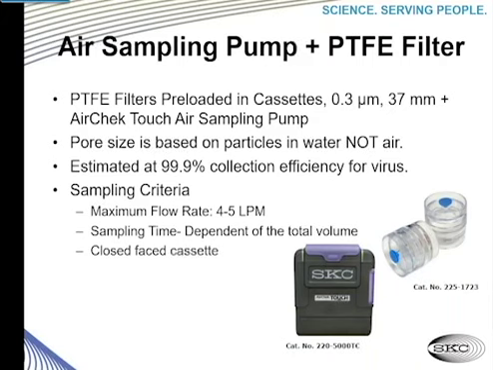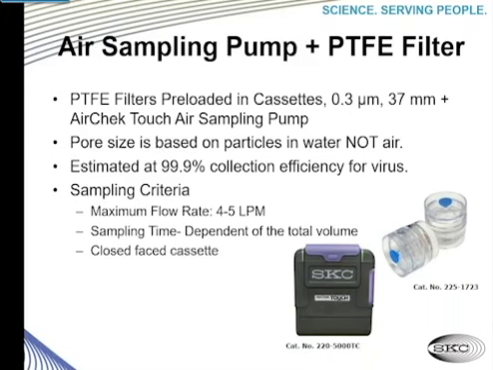According to the American Society for Microbiology, in a 2008 paper titled Methods for Sampling Airborne Viruses, this type of filter, the PTFE filter, appears to be the best option for long-term sampling of 10 to 900 nanometer diameter virus-laden particles.